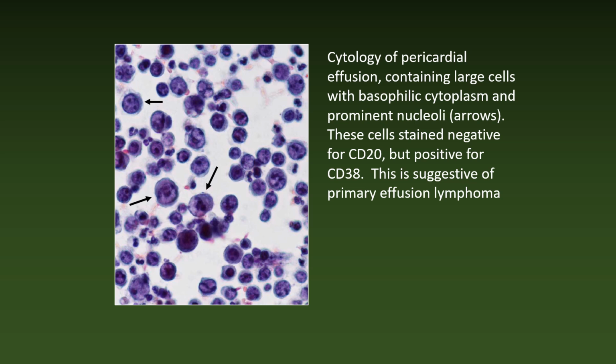The pericardial effusion contained large cells with a basophilic cytoplasm and prominent nucleoli. These cells stained negative for CD20 but positive for CD38, as is suggestive of primary effusion lymphoma.